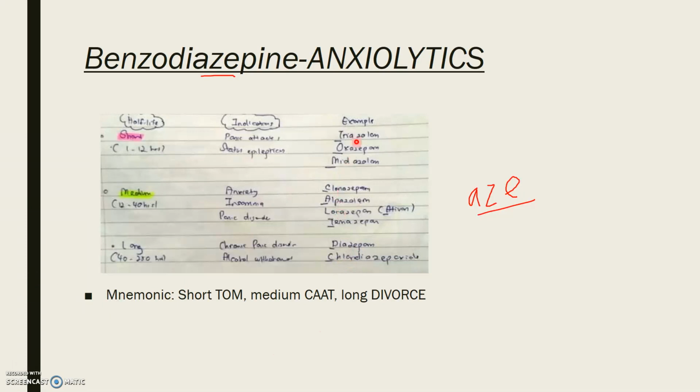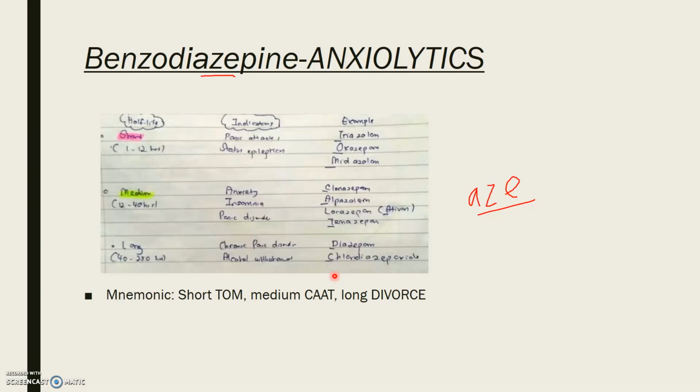The mnemonic is Tom Cruise is shorter than his ex-wife Katie, and Katie, which is CAAT, is not giant, but she is medium in height. But what was long was the divorce proceedings. This is the easy way to remember.